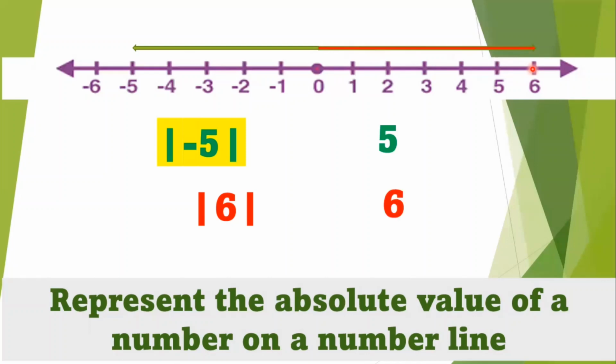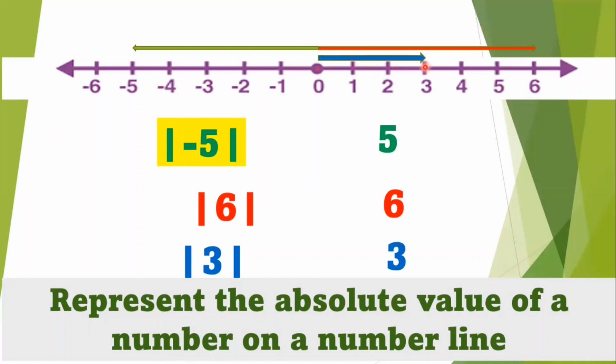Natural number 6. And the last one is absolute value of positive 3. Let us represent. Okay, so we have the blue line from 0 to 3 or positive 3. Then, the distance is also 1, 2, 3. 3 units or natural number 3.